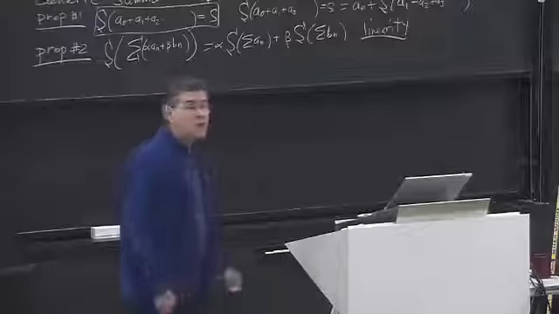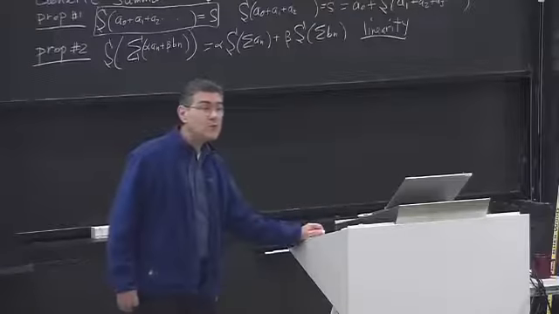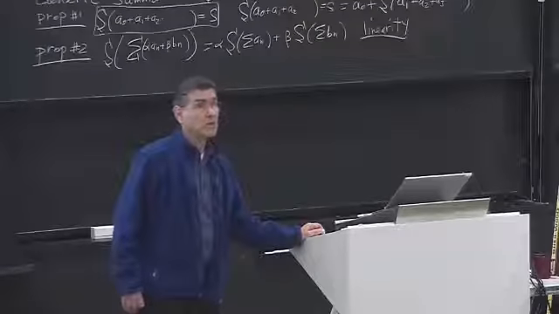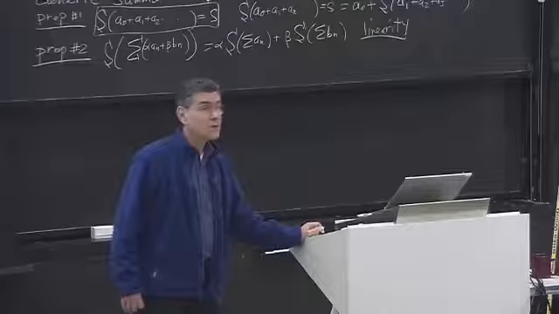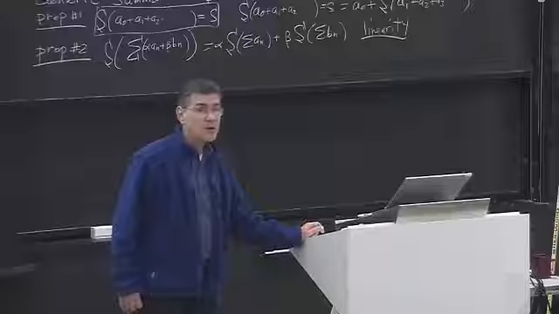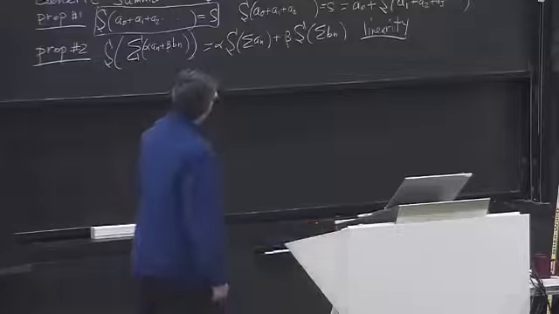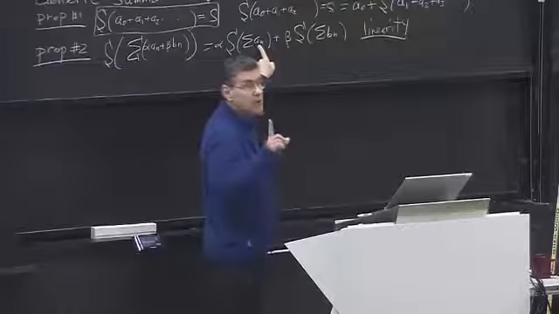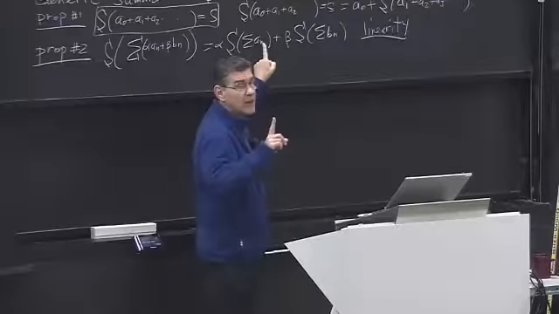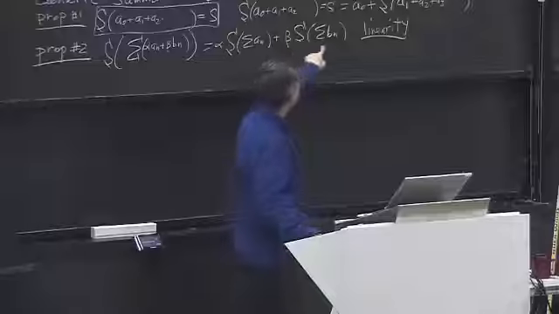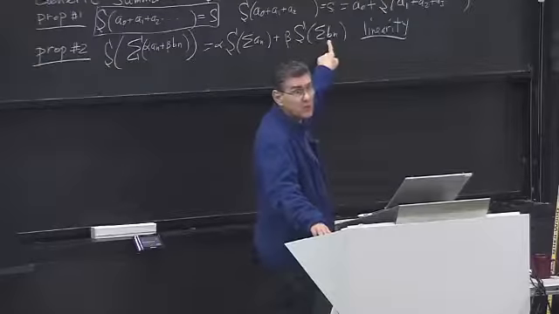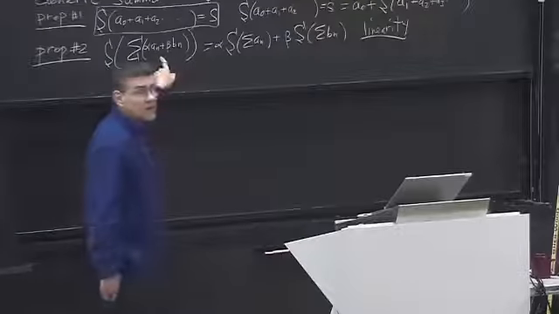No. Oh, no. I'm not assuming commutativity or associativity at all. Why did I commute A's and B's? I didn't. I'm not adding them up in a different order. These A's are all added up in one unique order. First you add A0, and then you add A1, A2, A3, A4. These are all added up in the same order, and these are added up in the same order.